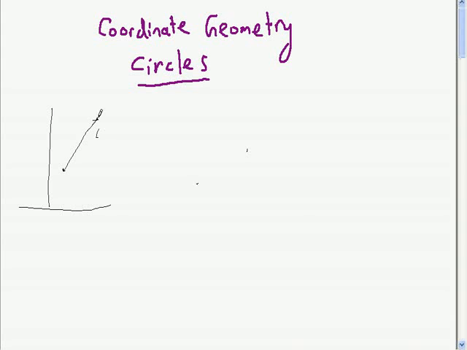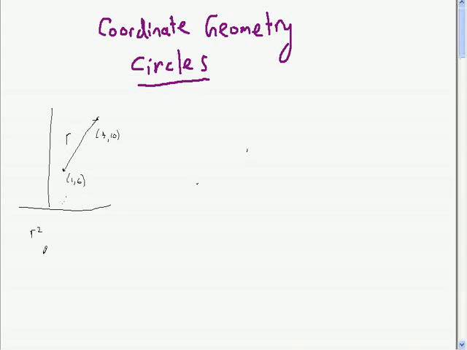If I said that this point had coordinates 4, 10, and this point had coordinates 1, 6, then you need to work out the length of this line. The equation for that is r squared.